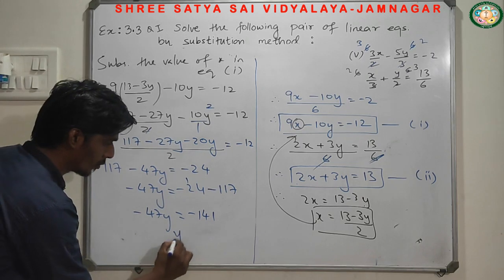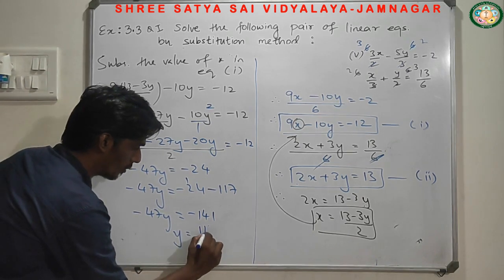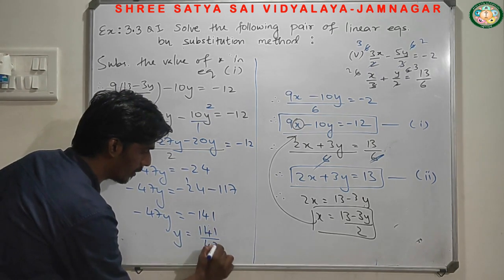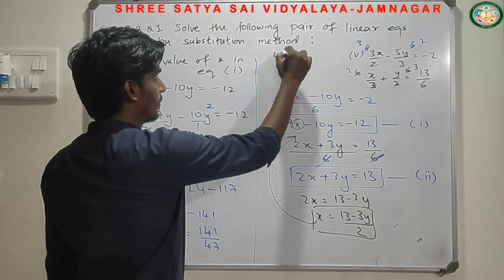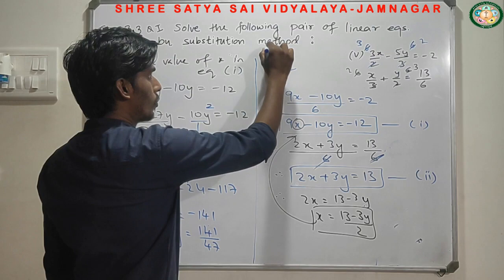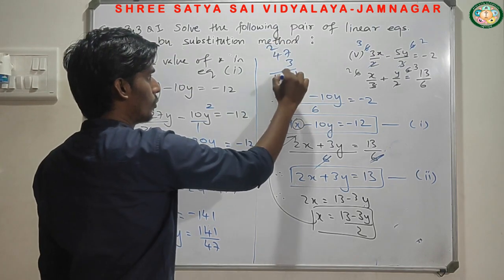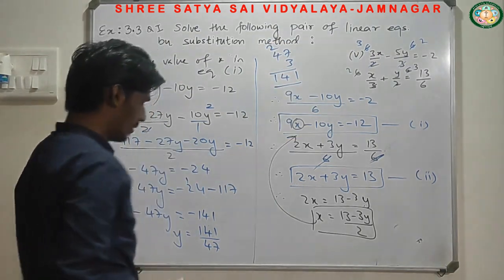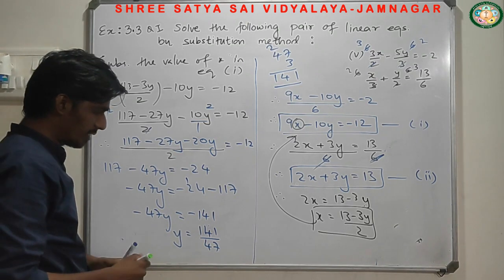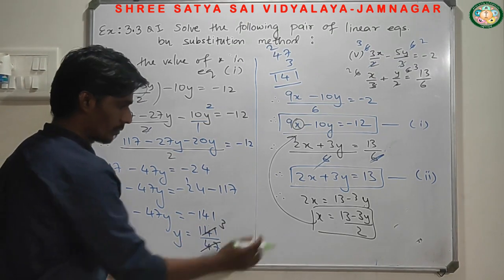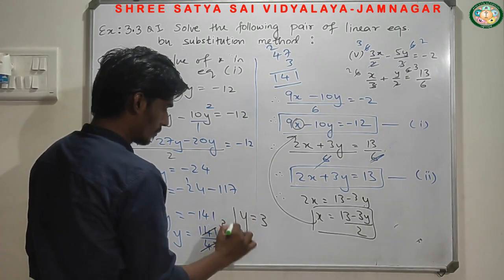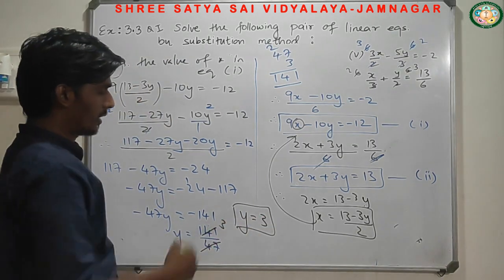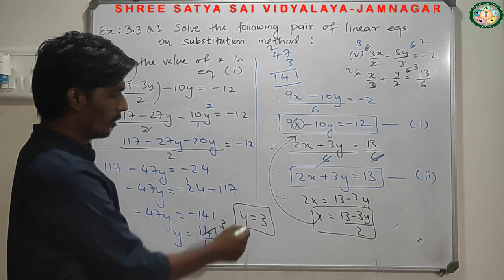So we can write directly y equals to 141 upon 47. 47 3s are exactly, it's 141. 12 plus 2, 14. So 47 3s are. So directly we can cancel this. So we got y equals to what? 3. So this is the way we got the first value of y.